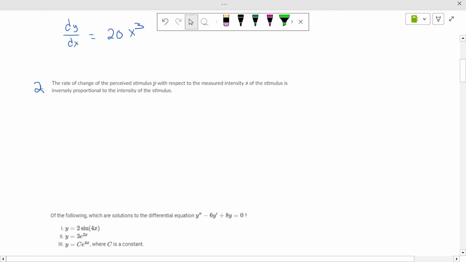The rate of change of a perceived stimulus with respect to the measured intensity of the stimulus is inversely proportional to the intensity of the stimulus.